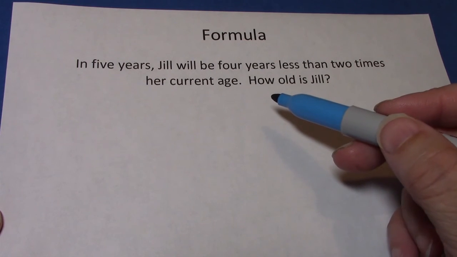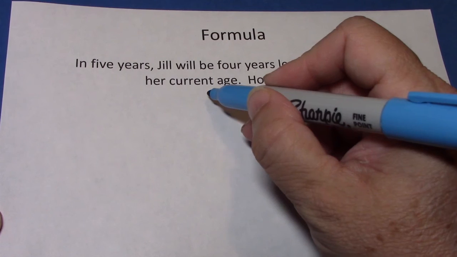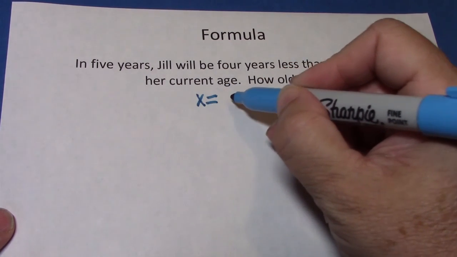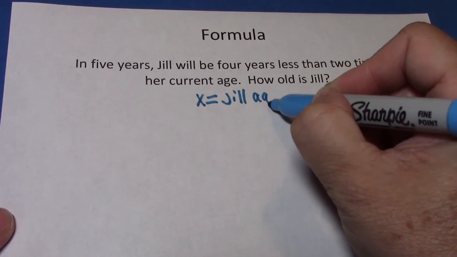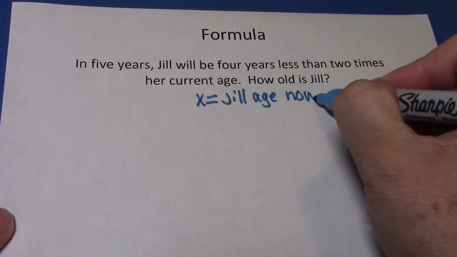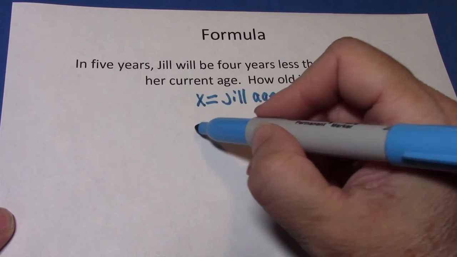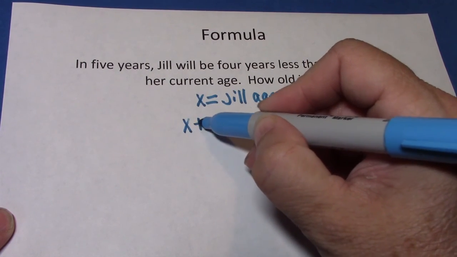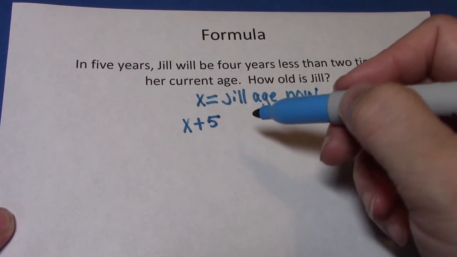So the problem asks for how old is Jill. So that's almost always what we need to assign the variable to, is what they're asking us to find. So Jill's age now. Okay, in 5 years, well, that will be Jill's age now plus 5. Jill will be.